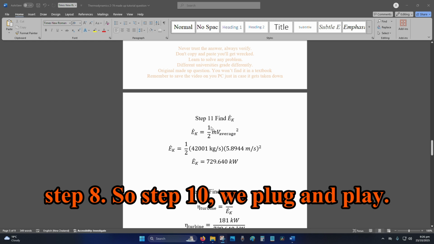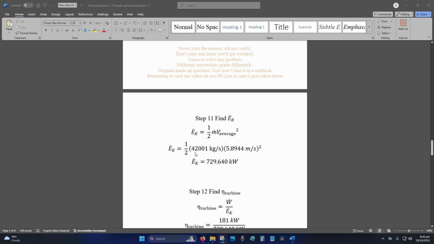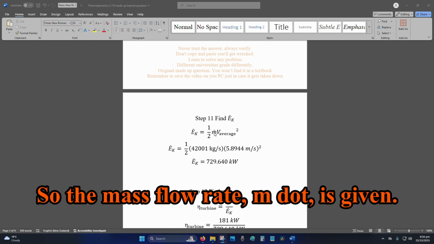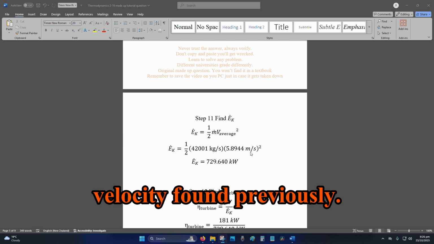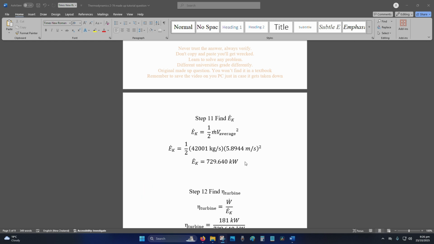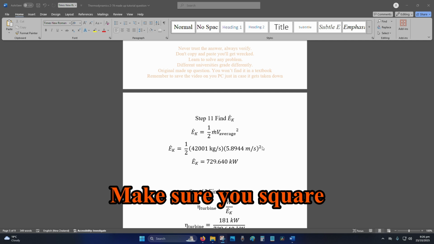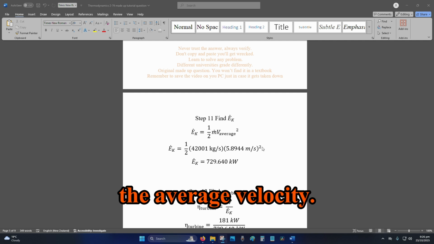So step 10, we plug and play. The mass flow rate, m dot, is given. We multiply by the average velocity found previously. Make sure you square the average velocity.